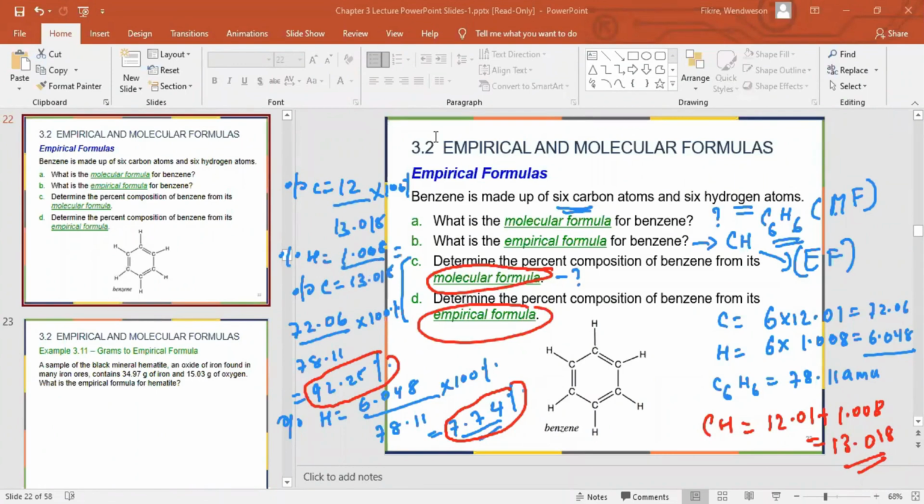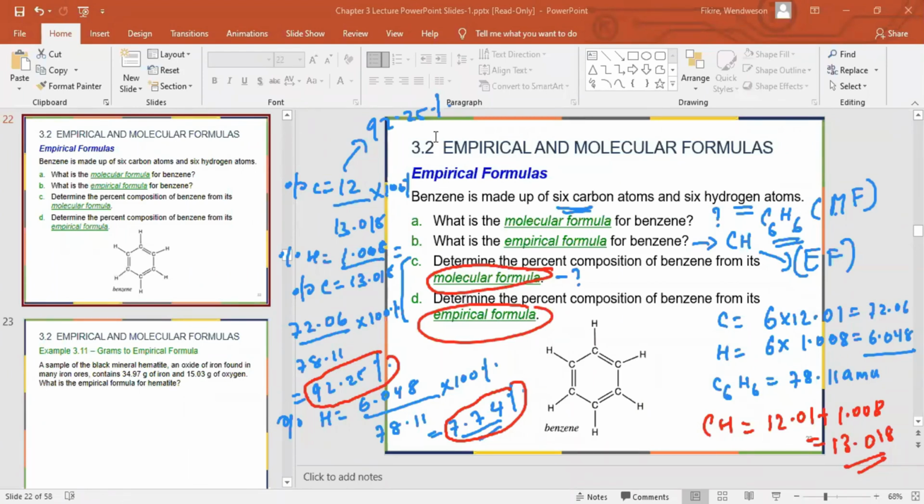I use 12.01 for my carbon and divide that by 13.018, and that gets me 92.25% again, which is the same as the previous number, right? Right, because mathematically that's really the only option. Yes, because it's a proportion. So I believe you get 7.74 for hydrogen.